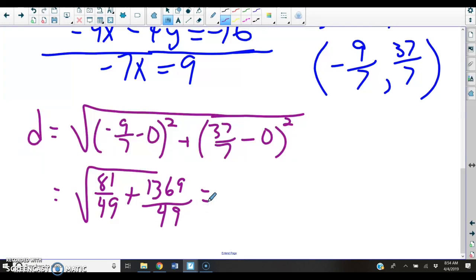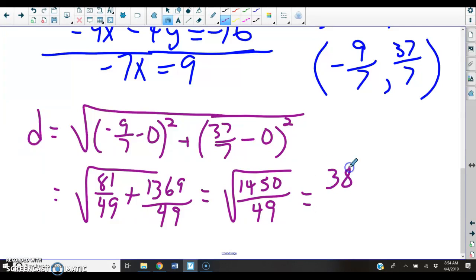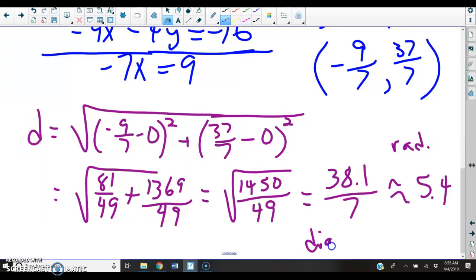When I add them, I'm going to have the square root of 1,450 over 49, which would become about 38.1 over 7, which is about 5.4. So that again is your radius. So the diameter is about 10.8, and we were working in meters.